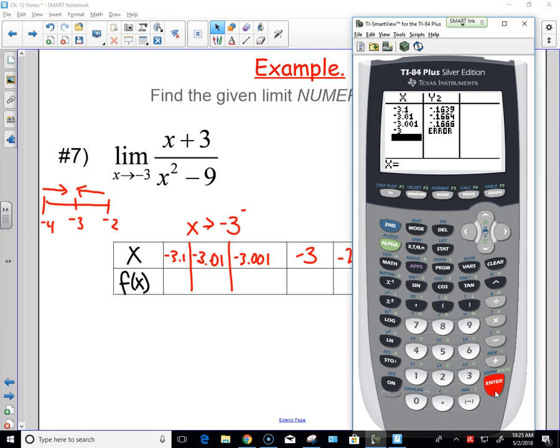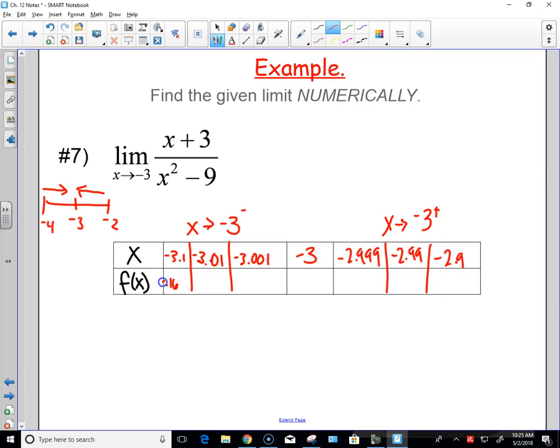It is undefined because when you plug in, you get 0 over 0, which does mean it is a hole. Anyway, I have negative 0.1639. I have negative 0.166 something, and negative 0.1666 something. Huh. It sure looks like it's converging. Then why is there an error?